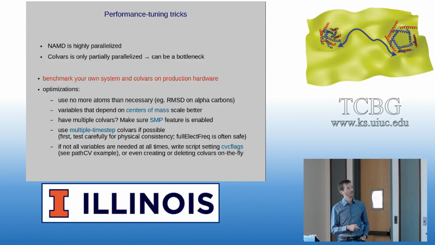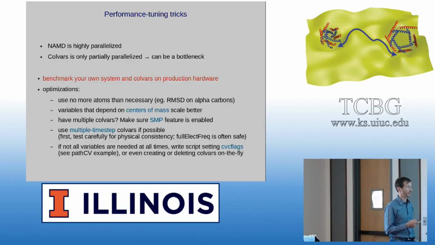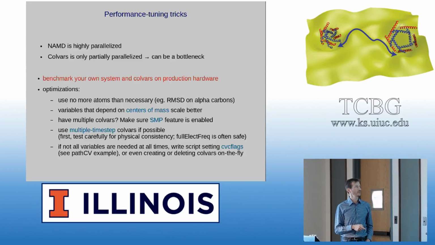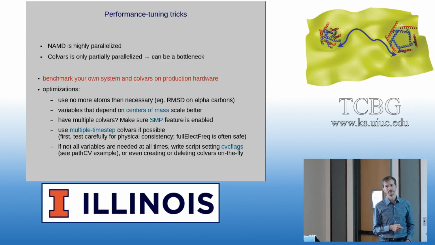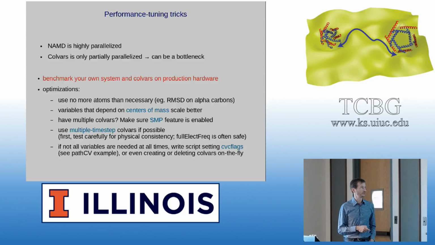If you have multiple Colvars or Colvars with multiple components or multiple biases, any of these, you have to make sure the SMP feature is enabled. And that's what Chris was talking about recently. So SMP is either symmetric multiprocessing or shared memory parallelism. I never know which one is the true acronym.